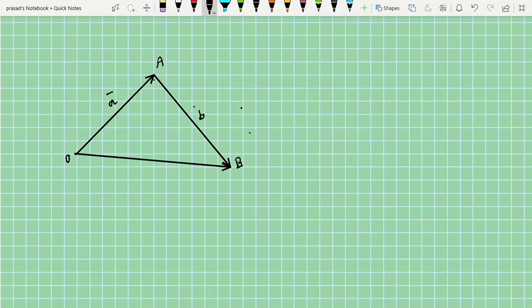Now vector B bar I have drawn in such a way that its initial point coincides with the terminal point of the first vector. Then the vector along the third side will represent the sum of the two vectors. So the sum or the resultant of the two vectors will start from the initial point of the first vector and it will end at the terminal point of the second vector.